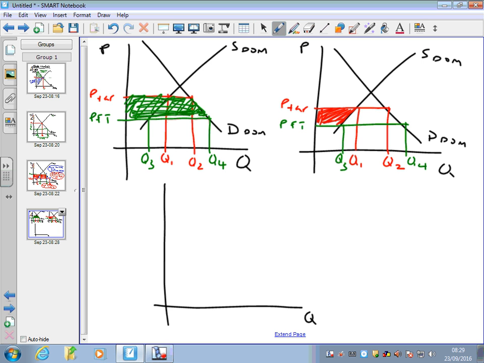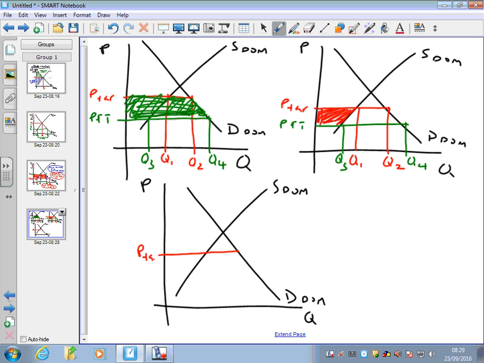imports coming in. So again, we've got the domestic demand, we've got the domestic supply, we've got the price for the tariff, then we've got the Q1 and Q2. By bringing in the free trade, prices plummet, domestic supply falls, and domestic demand increases.